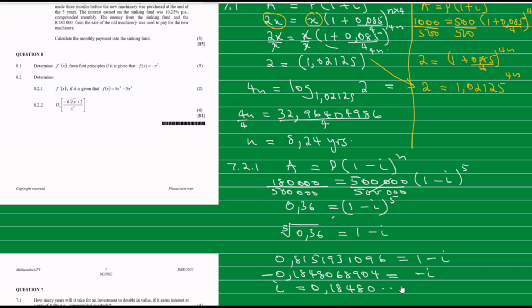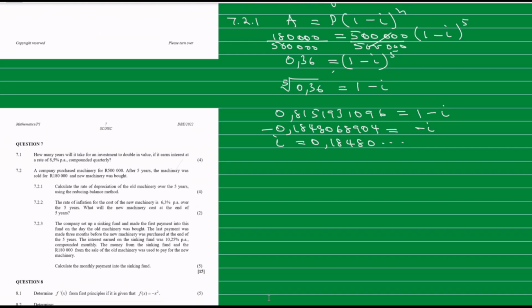Now, the value that we put in for i in the formula is not in percentage form, which means it's a number that has been divided by 100.